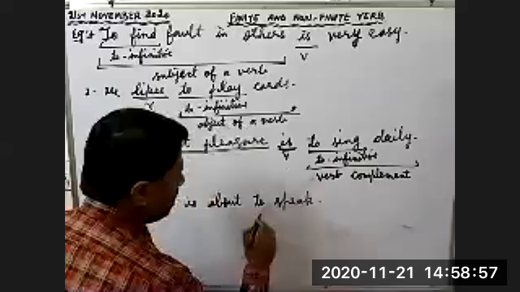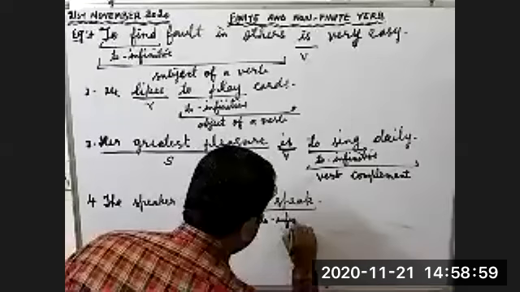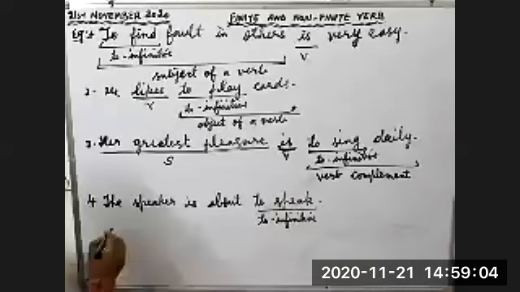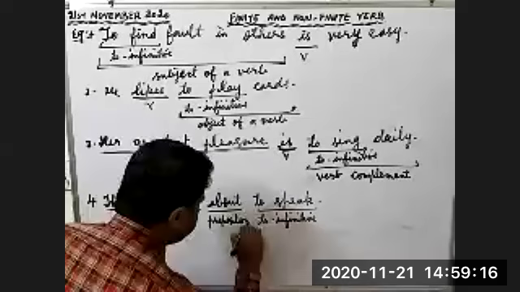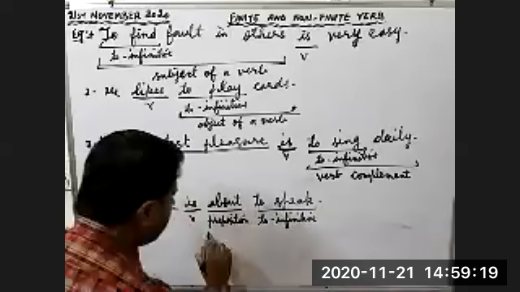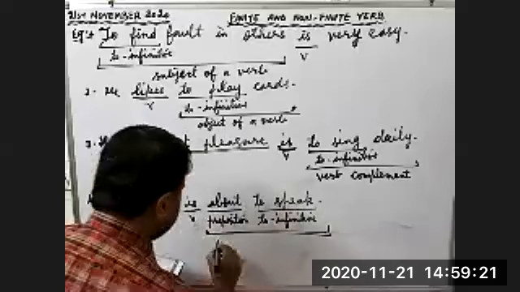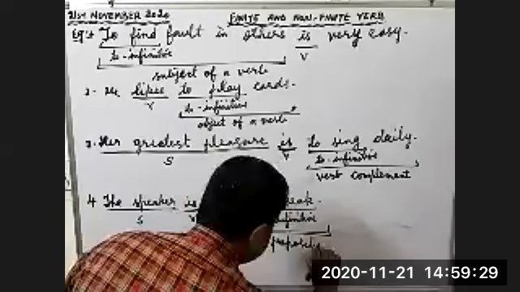To infinitive. What is speaker? Speaker is subject. Is, verb. About is preposition. And here to infinitive is used as object of preposition.